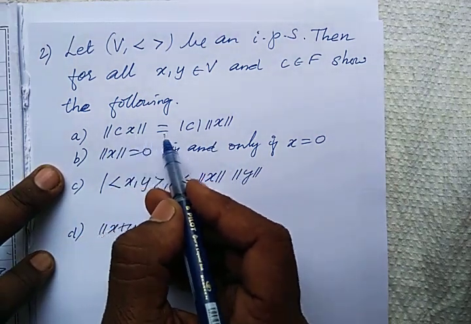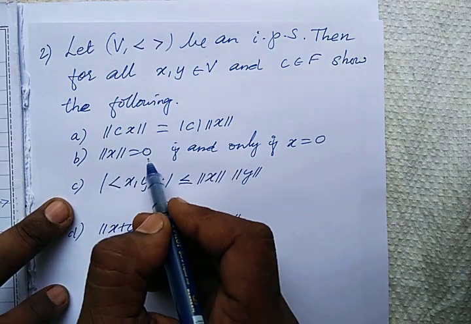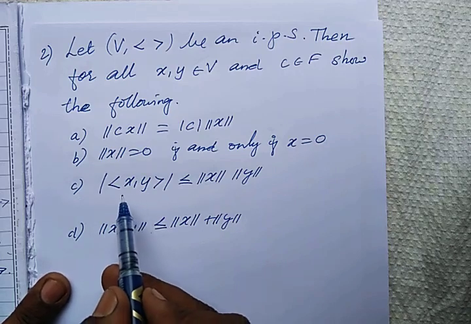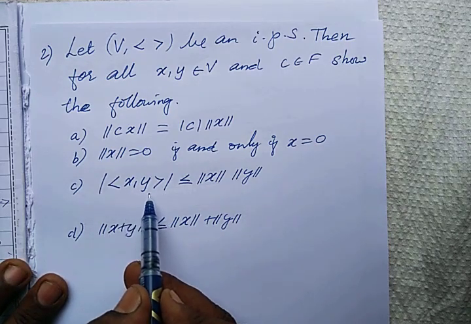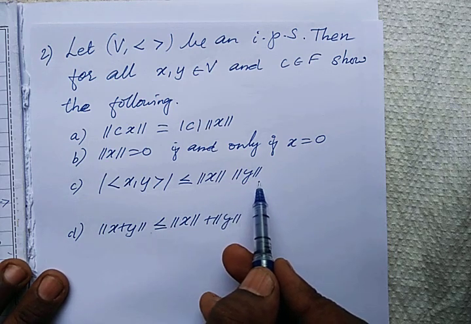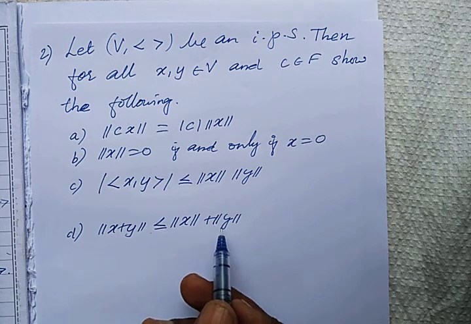Norm of cx is equal to modulus of c into norm x, and norm x is equal to 0 only if x is equal to 0, and modulus of inner product of x comma y is always less than or equal to norm x into norm y, and norm of x plus y is less than or equal to norm x plus norm y.